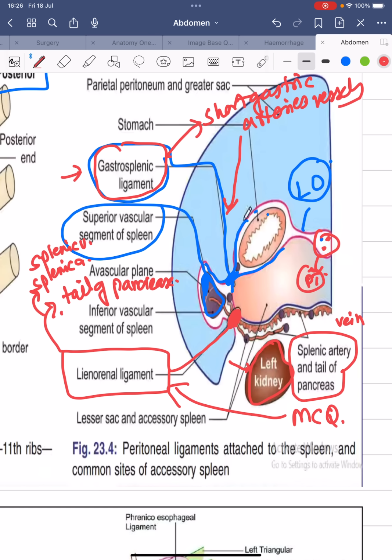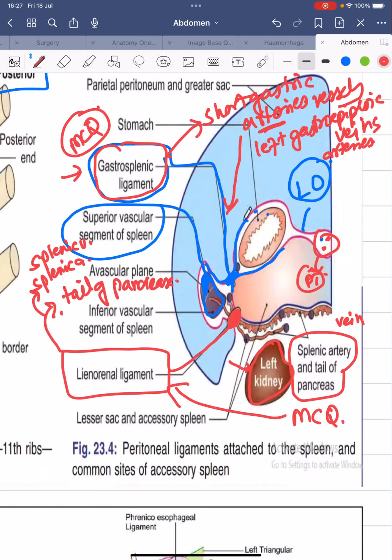And it contains your short gastric arteries and veins, and your left gastroepiploic arteries and veins. So this is your MCQ: the gastrosplenic ligament contains what? Your answer will be short gastric arteries and veins and left gastroepiploic arteries and veins.